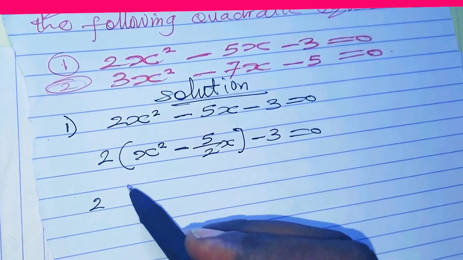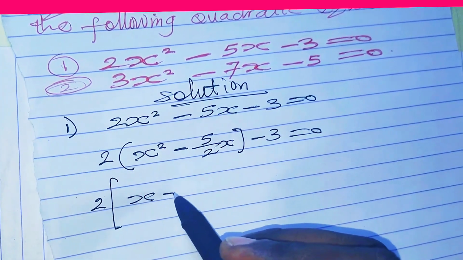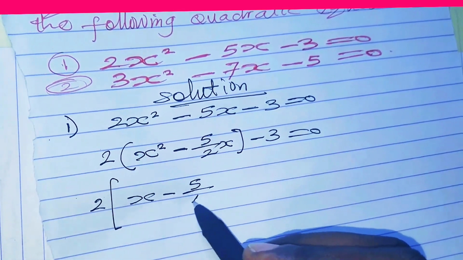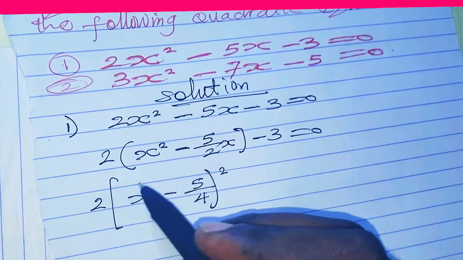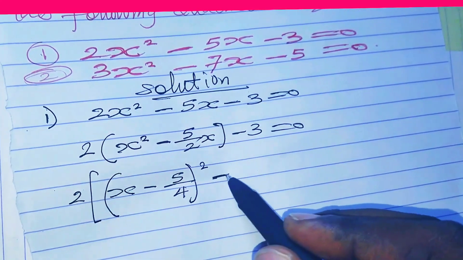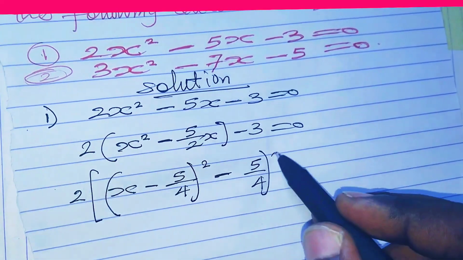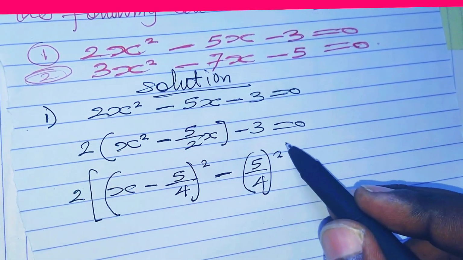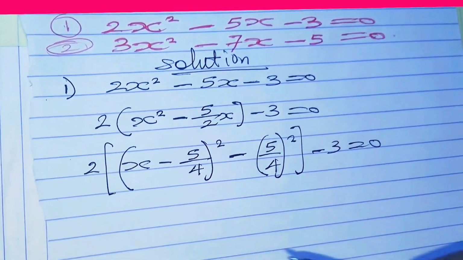So this is 2 in a bigger bracket this time around, x minus 5 over 4, that is half of the coefficient of x, and then we'll square it this way. And then we subtract the square of half of the coefficient of x from what we've written. Don't forget we still have minus 3 here equal to 0.